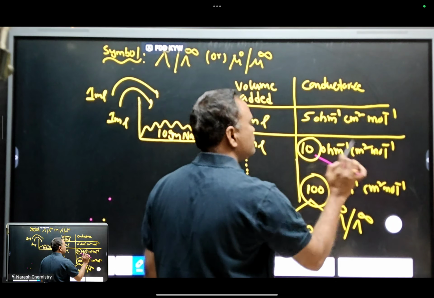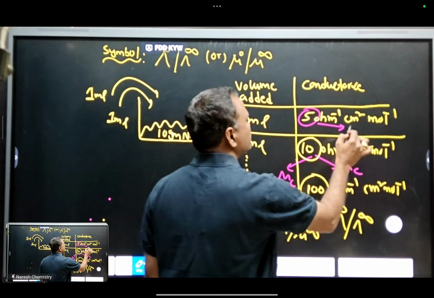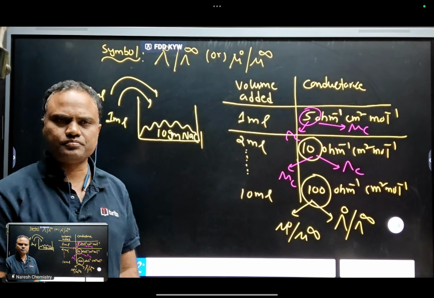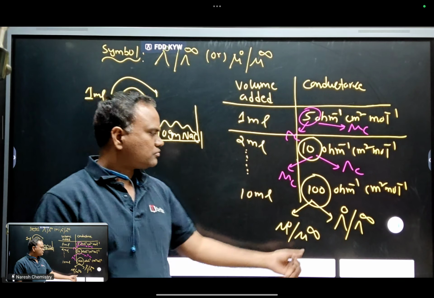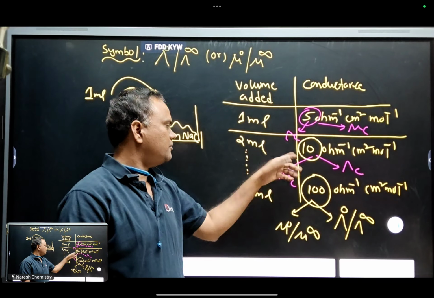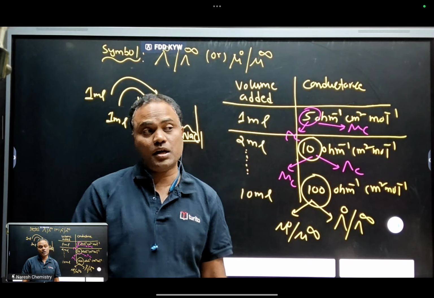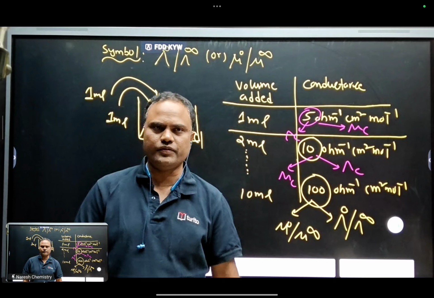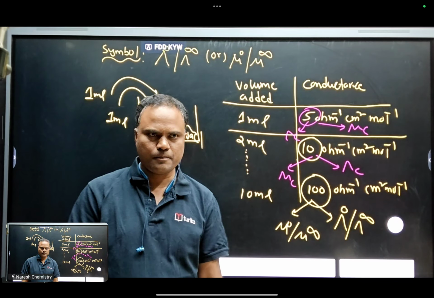Just lambda C or mu C. Conductance at a normal volume, at any volume other than 10 ml, you can give the symbol lambda C or mu C. Lambda infinity means conductance at infinite dilution; lambda C is normal conductance. Clear? Symbols okay for everyone.